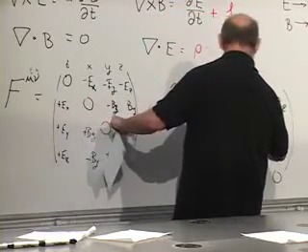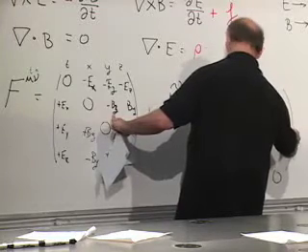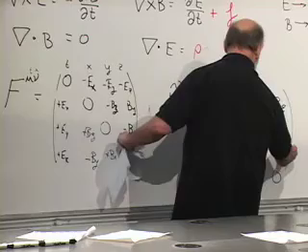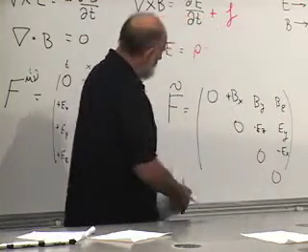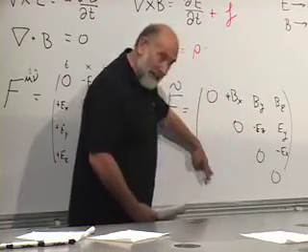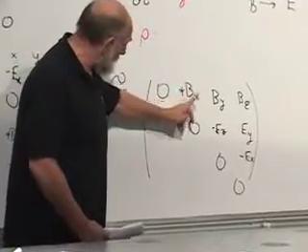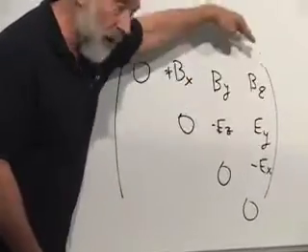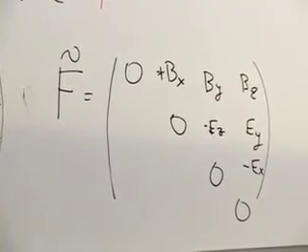So minus Ez, Ey, minus Ex. And then on the other side, you just have to remember that it's antisymmetric. So everything on the reflected side of the matrix is just the negative of what it is in the upper half of the matrix. I won't bother writing it out.